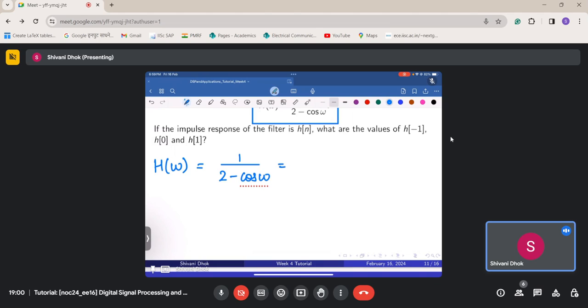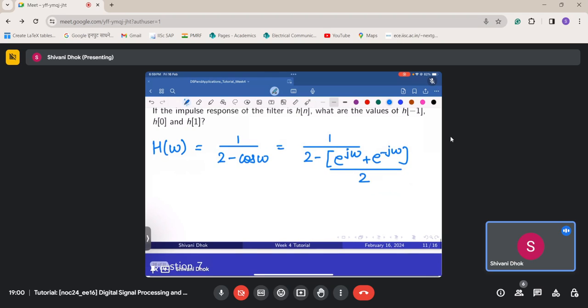Now handling this cos is a bit complicated, so we can write this as 1 upon 2 minus e power j omega plus e power minus j omega by 2. So this I can write as 2 upon 4 minus e power minus j omega minus e power j omega.